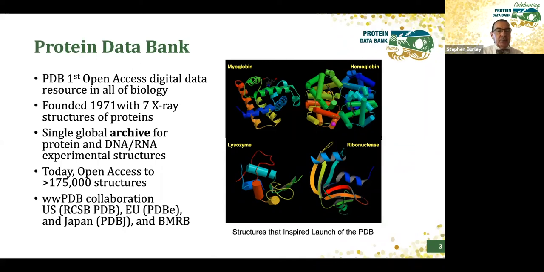It's currently managed by a global international consortium known as the Worldwide Protein Data Bank, or wwPDB, which consists of data centers in the US, Europe, and Japan, and a specialized data center known as the BioMagResBank, which houses information generated by NMR spectroscopists. In the right panel of the slide, you'll see some of the structures that actually inspired the launch of the Protein Data Bank, and hemoglobin in the top right will figure prominently in the stories that I'm going to tell you today.